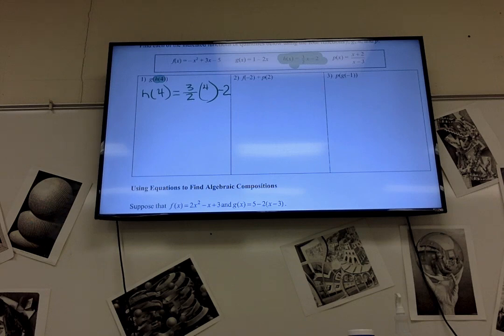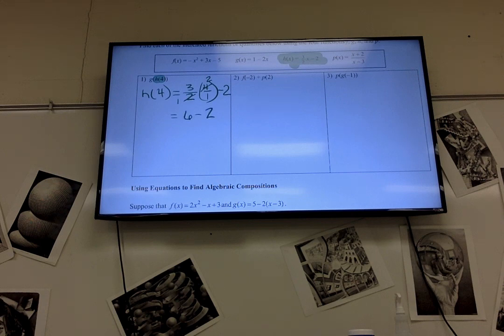Practice multiplying by fractions. You can put this over 1, multiply straight across, top times top, bottom times bottom, and then reduce. Or right at the beginning, you can cross cancel. 2 goes into 2 once, 2 goes into 4 twice. But either way, when you multiply those, you end up with 6 minus 2 still.